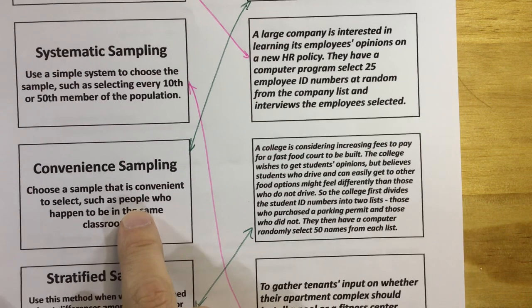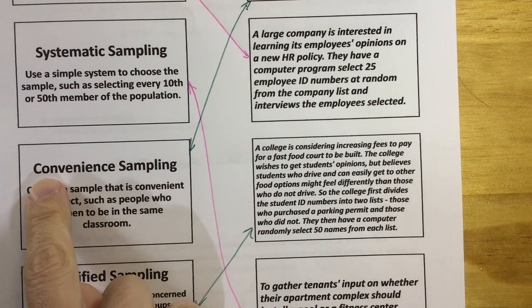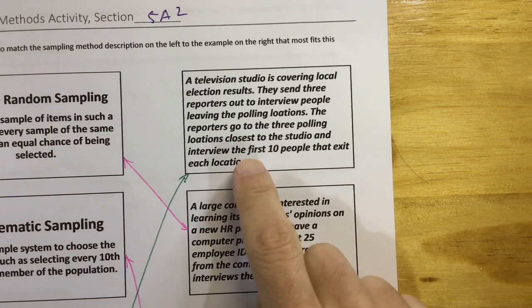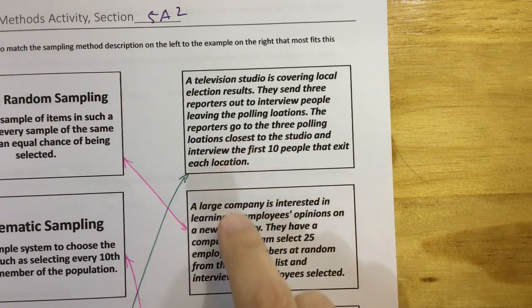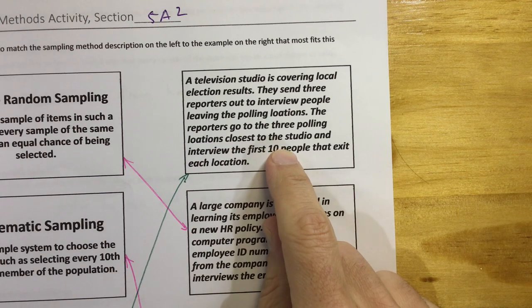Convenience sampling is usually really easy to identify. Did the person who is going to get the information try and find some way to make it convenient? There's a word, convenient for them. That's going to go up to the top one, and the dead giveaway is, it says they went to the closest, the 3 polling locations closest to the studio.